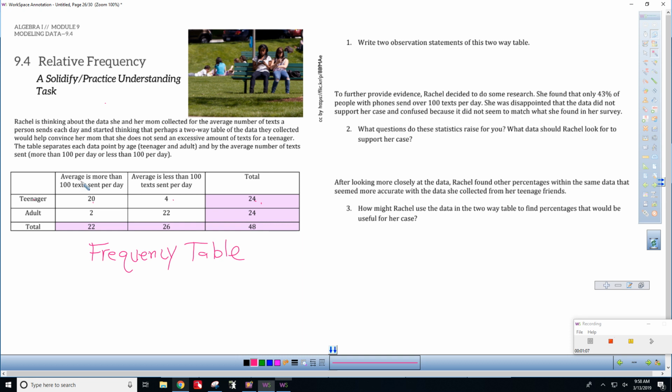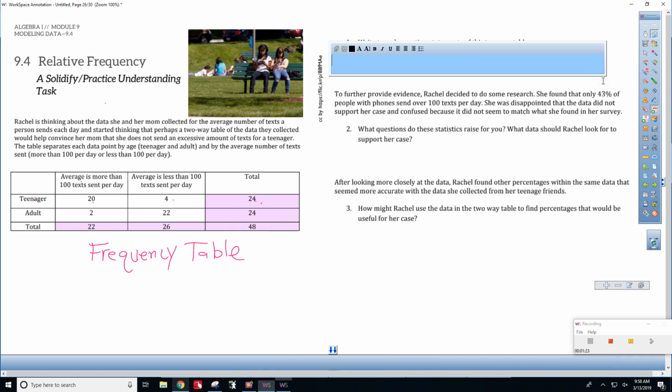Now, let's write 2 observation statements about this two-way table. Right now, this is totally review. Give me one, Carson. Adults, you can do better. His statement was adults don't text as much as teenagers. That's fine. How about adults are far less likely to send 100 texts in a day than teenagers.